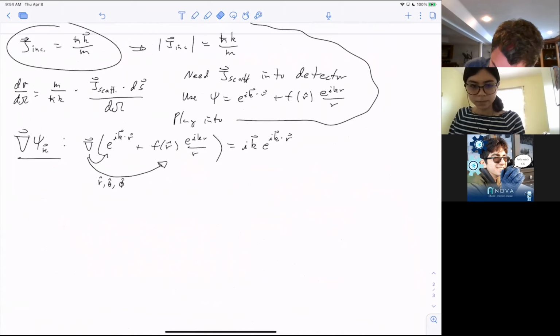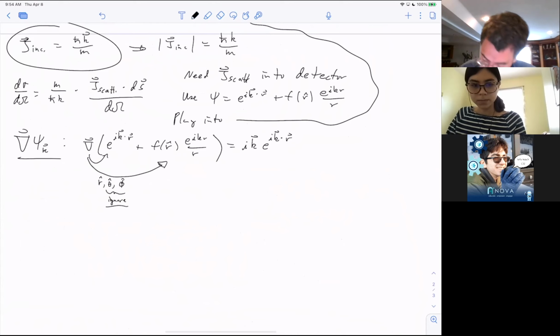So these terms we ignore. We ignore the theta hat and phi hat terms. That's really nice, because it means we only worry about the radial component of the gradient. And that part is easy.